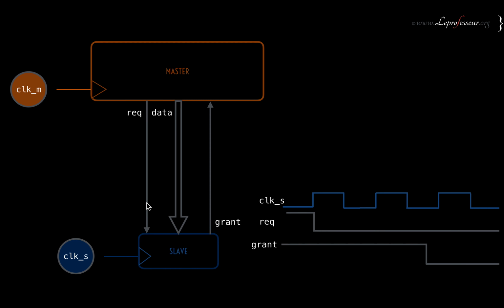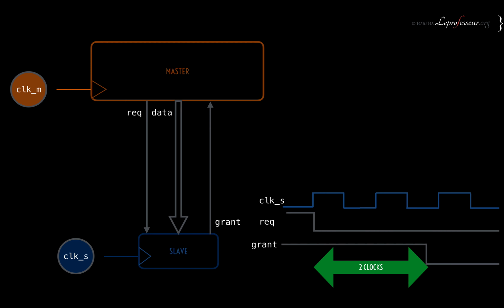So master de-asserts the request and one can specify a requirement that the grant must be de-asserted within n number of clock cycles of request getting de-asserted. In this example, the grant must get de-asserted after 2 clocks of the request getting de-asserted. Very simple. You can make it more complex.